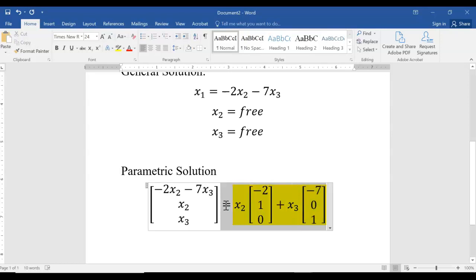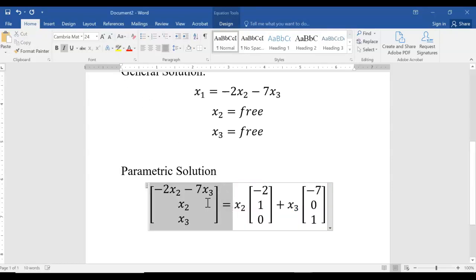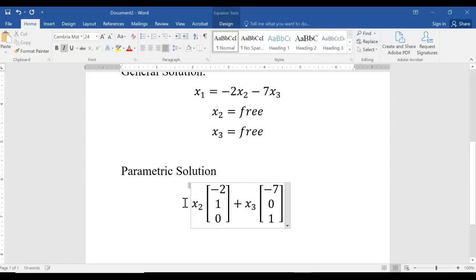Again, I'm writing in middle steps, but once you get good at this, you'll go immediately from here to here. You'll say, oh yeah, -2, 1, 0 are the coefficients of x2, -7, 0, 1 are the coefficients of x3.